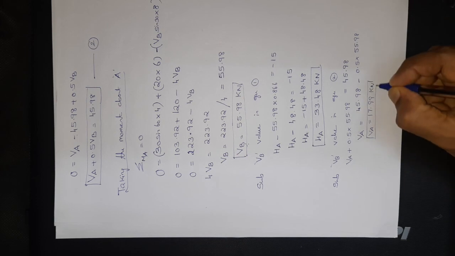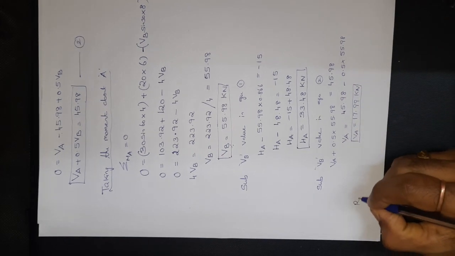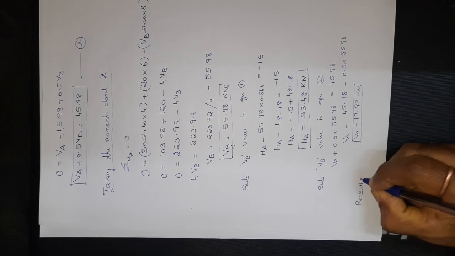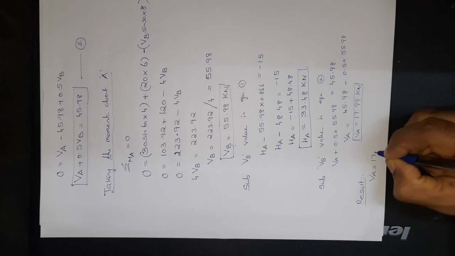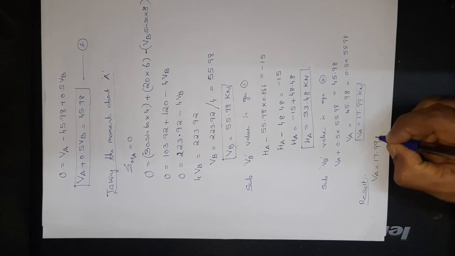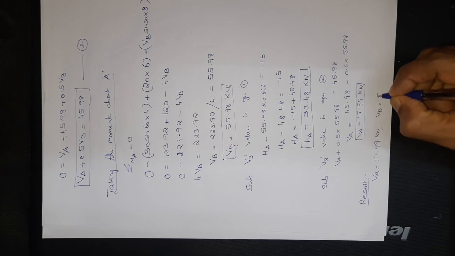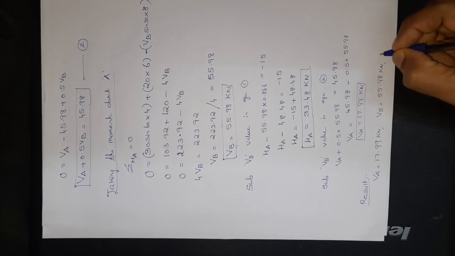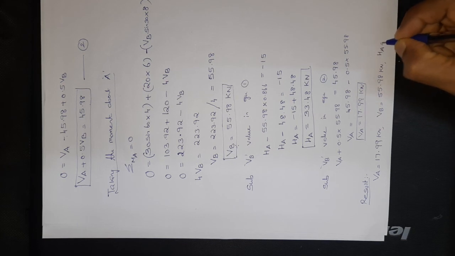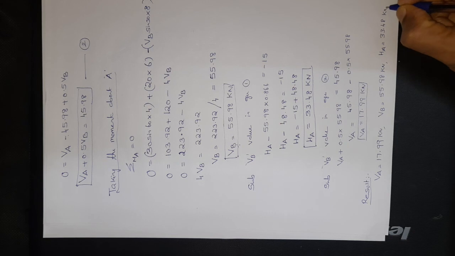So at last you will have to write the result. So VA equal to 17.99 kilonewton, VB equal to 55.98 kilonewton, and HA equal to 33.48 kilonewton.